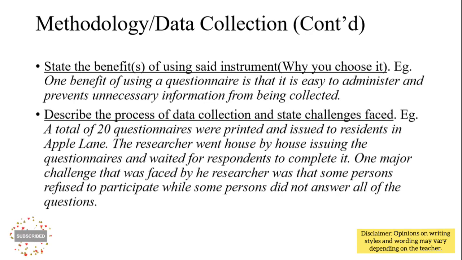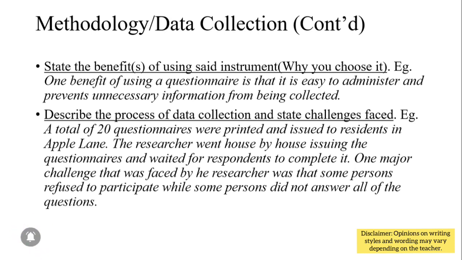And then you're going to describe the process of collecting the data, and you're going to explain any limitations or challenges faced. For example, a total of 20 questionnaires were printed and issued to residents in Apple Lane. The researcher went house by house issuing the questionnaires and waited for respondents to complete them. One major challenge faced by the researcher was that some persons refused to participate while some did not answer all the questions, right?